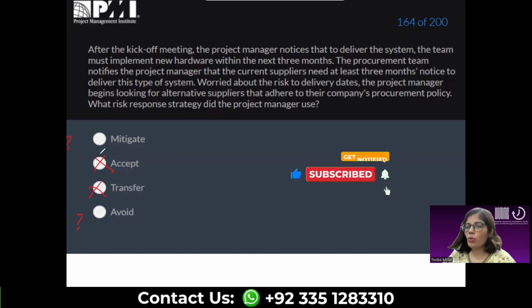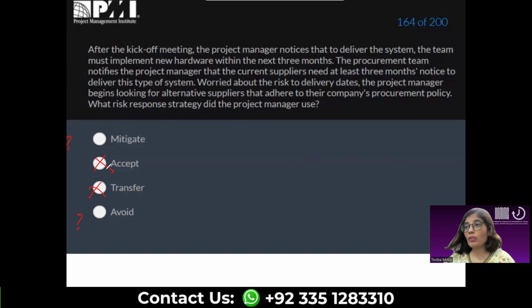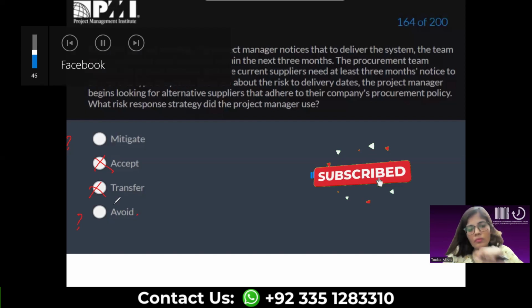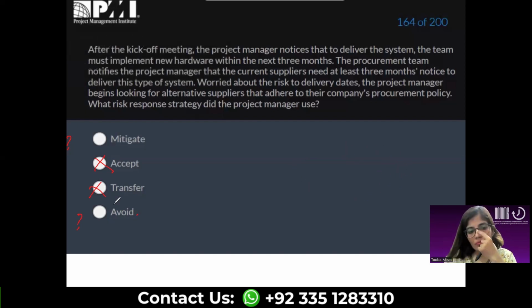Is there anybody who also wants to share the thought process? I think there is a person who has selected D. Who has selected D? Yeah, I have selected D. Because the question is saying that the suppliers need 3 months prior notice in order to deliver that hardware.